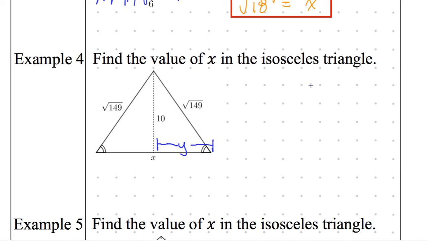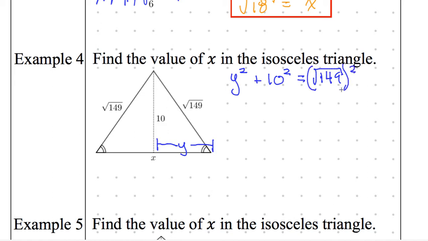All right, so let's set up my Pythagorean theorem. I know that a leg squared plus a leg squared is equal to the hypotenuse squared. So here I have a leg squared, y squared, plus 10 squared is equal to the square root of 149, squared. So I have 149 that's being square rooted, but I'm also going to square it.